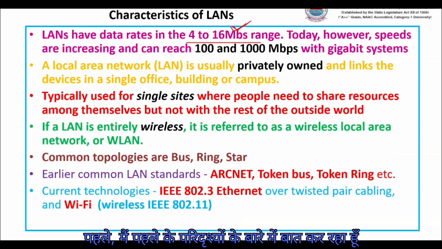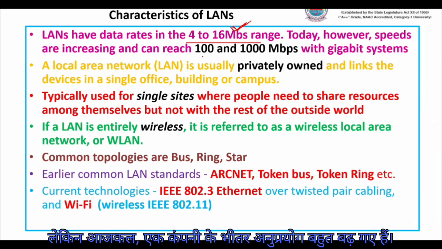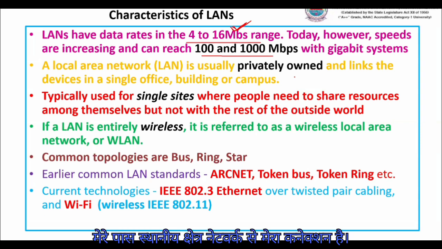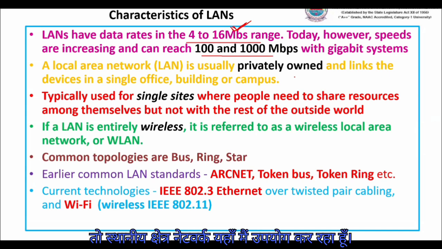I am talking about the earlier scenarios where LANs were used, but nowadays applications have grown a lot. As we are having this online class, I have my connection to the local area network. You might also be having your connection through the local area network. Your local area network is connected to the wide area network, the internet.